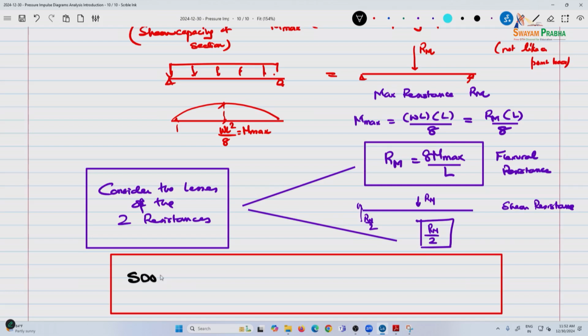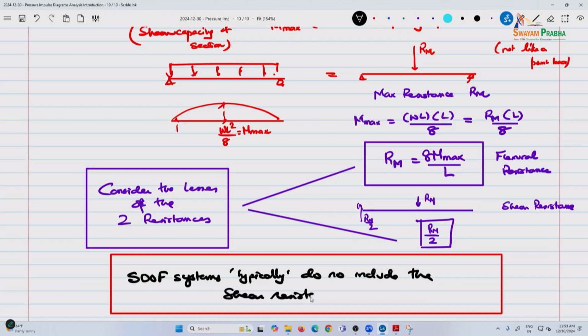SDOF systems typically do not include the shear resistance or response, and so see if you can avoid a shear failure.